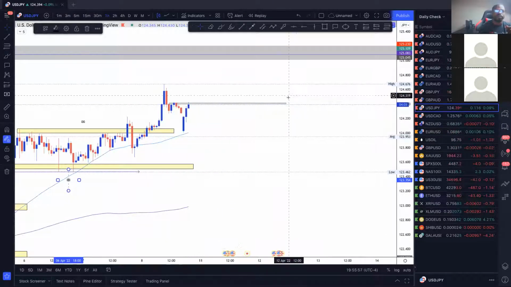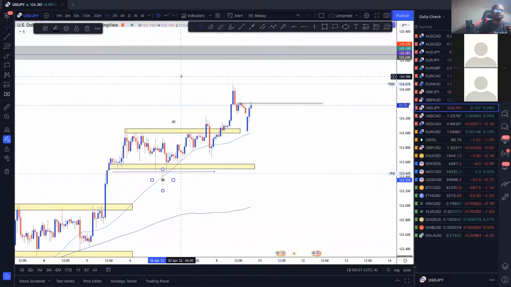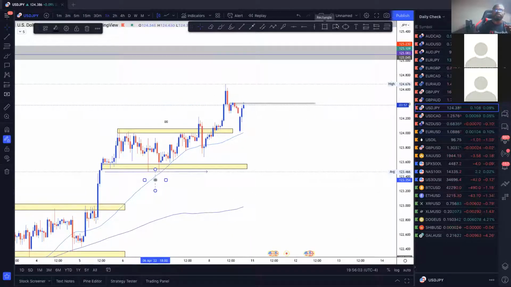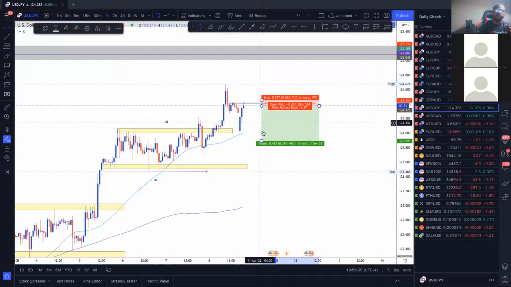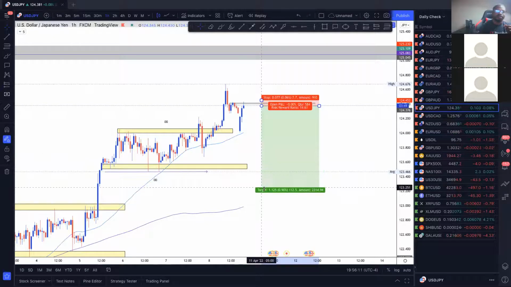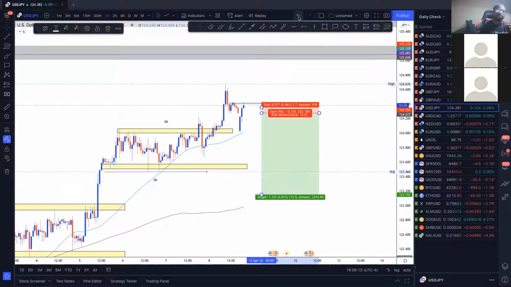We could probably take advantage of that sale if we have a nice reaction, and try to ride that sale to break this area of liquidity, if that sale is confirmed, to retest this imbalance zone.